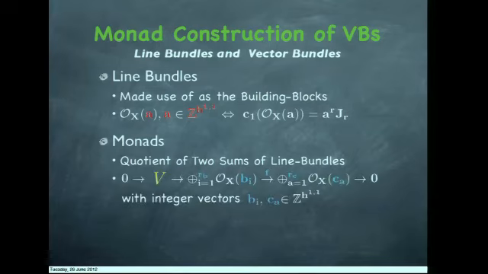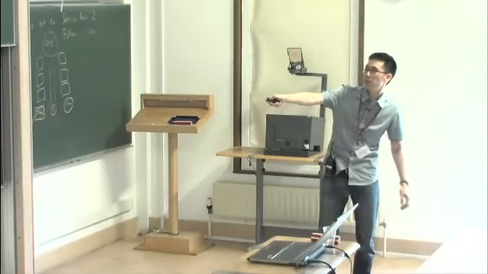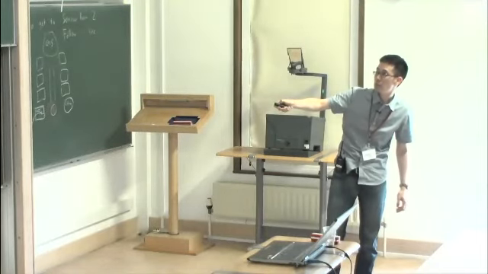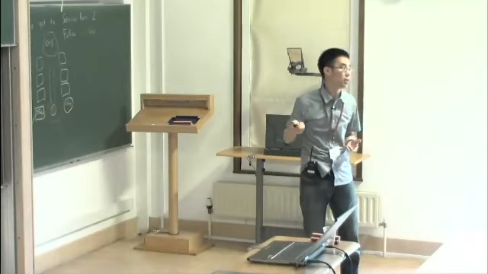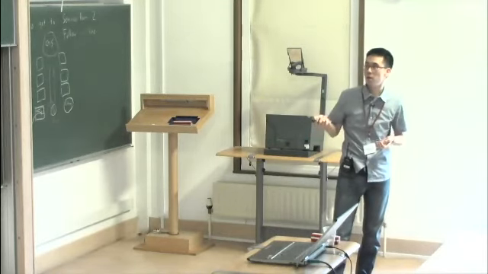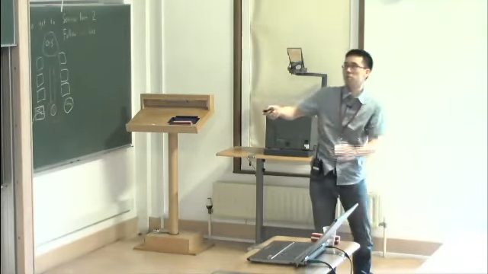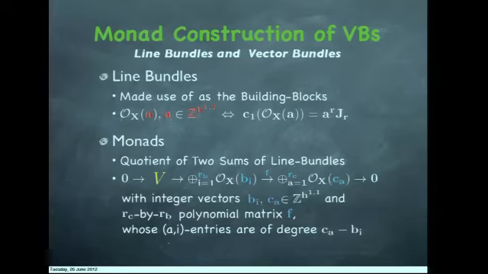More precisely, a monad bundle V is defined by a short exact sequence of this form, where the b_i's and c_a's here are some integer vectors in Z^{h^{1,1}}. Also, you can think of V as the kernel of this bundle map f, which can be thought of as an r_C by r_B polynomial matrix whose (a,i) entries are of degree or multi-degree c_a minus b_i. And we impose this positivity condition for the degrees.